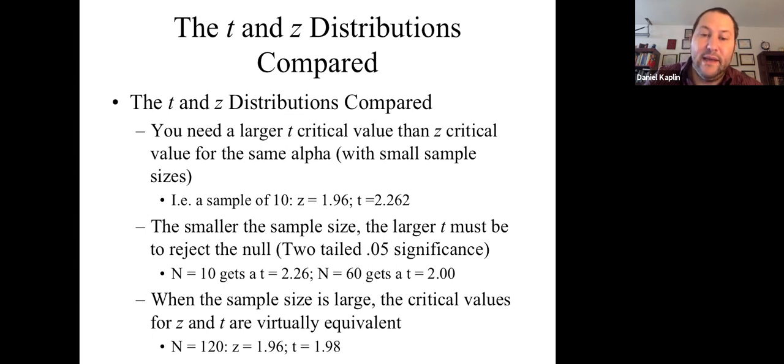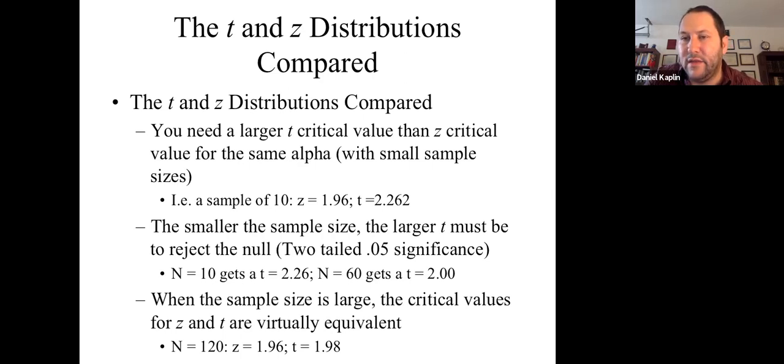But as the sample size increases, your T critical value actually drops. So if we look at the second bullet point, if we were to move our sample from 10 participants to 60 participants, our T critical value would be 2.00.